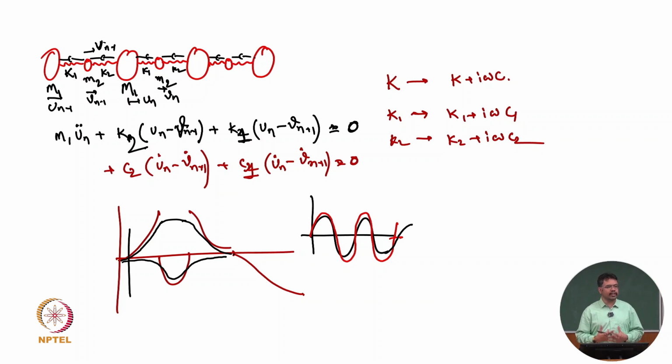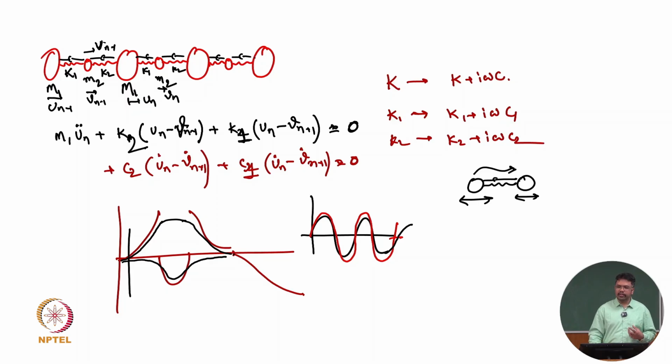Once the system has damping, suppose you are oscillating this one and then the next one, and in this connection there is damping, and your energy is moving from here to here. As there is damping, this cannot move as it is.